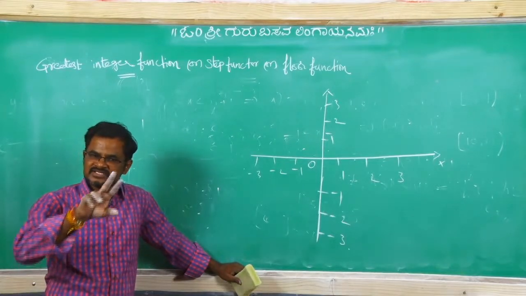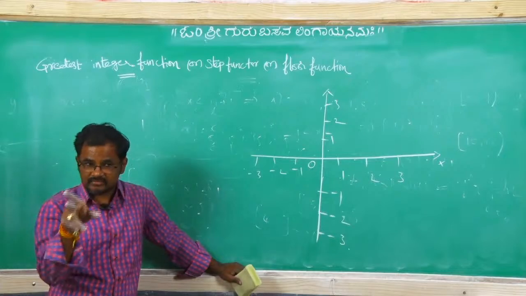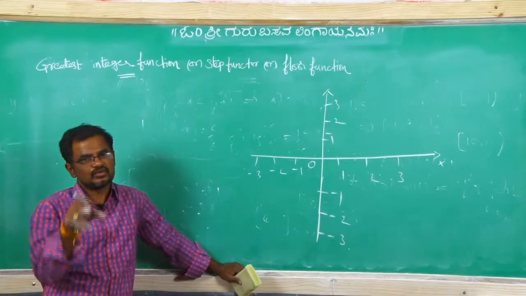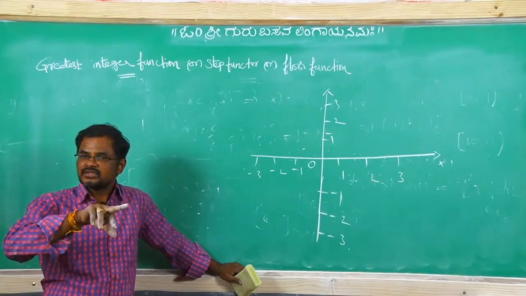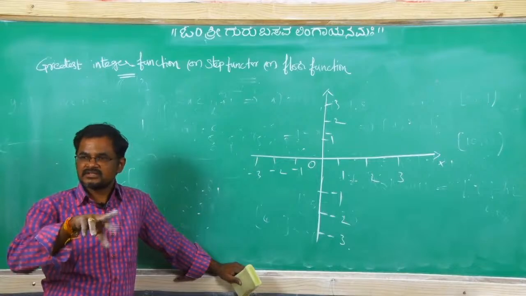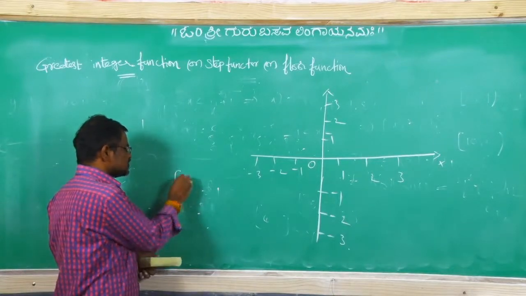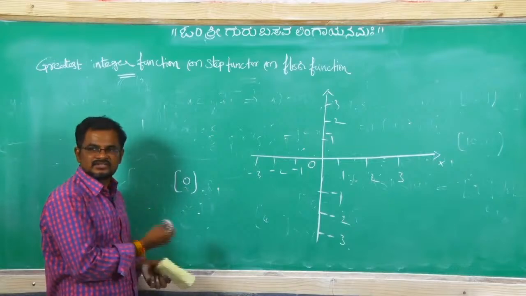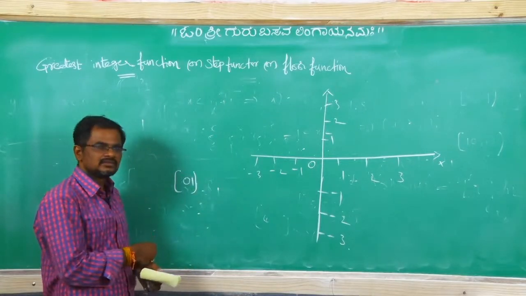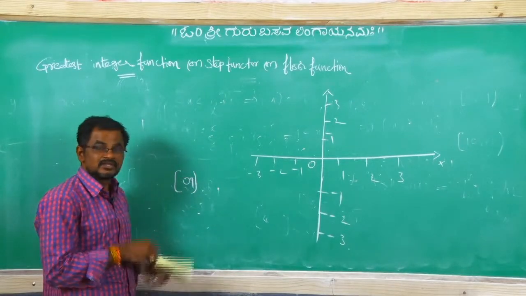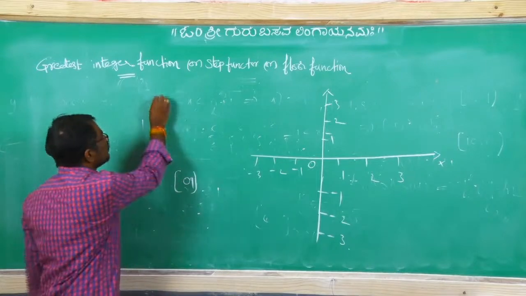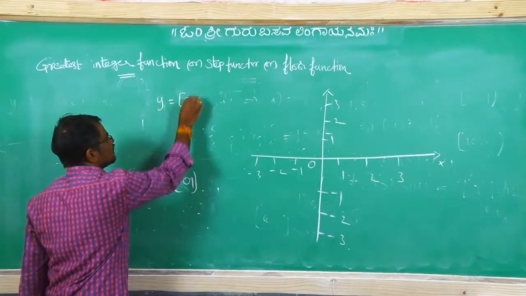Suppose the value is in between 0 and 1, means 0.1, greatest integer 0; 0.2, 0; 0.3, 0; up to 0.9, 0 only. So y equal to step x I will take.